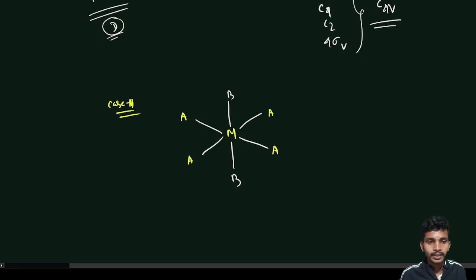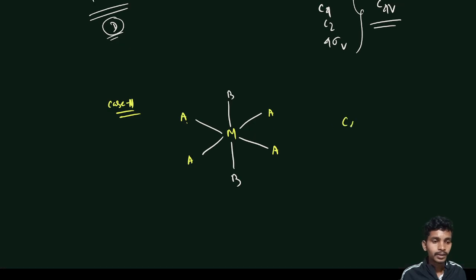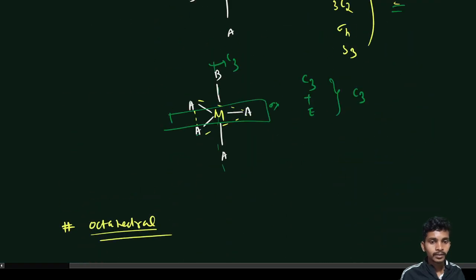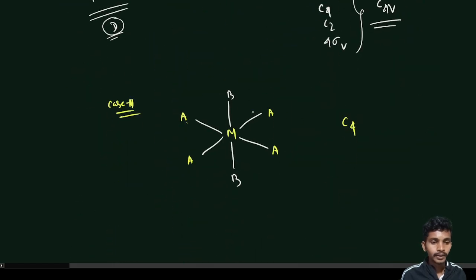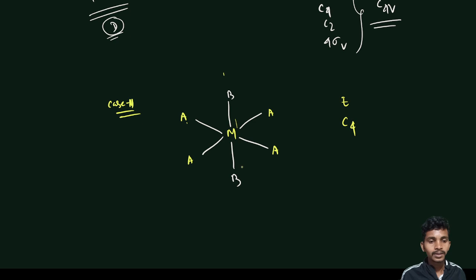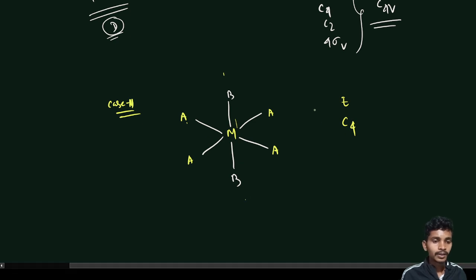But now in this case you see that again these are the same, so C4 is there. In this case C4 is there, and we can say now that if we apply C2 in this direction, then C2 is there and C4 is in this direction. So now this C4 and C2 are perpendicular.